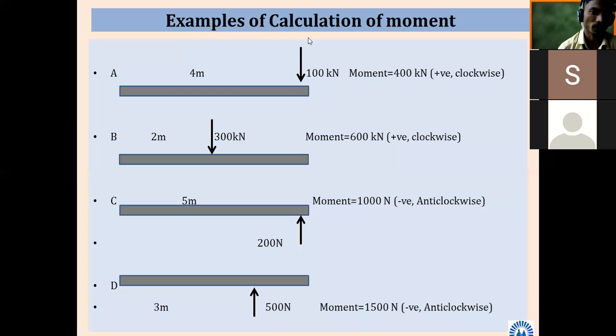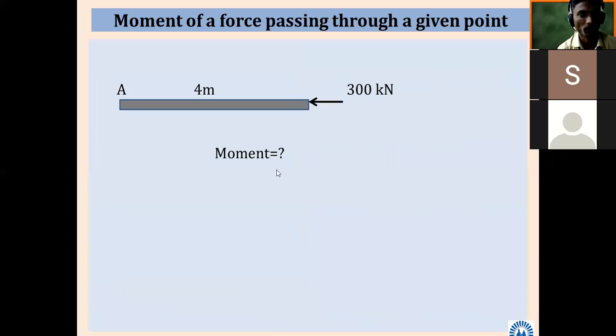In the last lecture I told that for the force, only the magnitude we have to consider, not its sign. The moment's sign depends on how, about one particular fixed point, the force is going to rotate, clockwise or anti-clockwise. So magnitude into perpendicular distance.